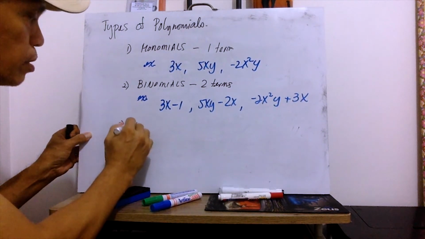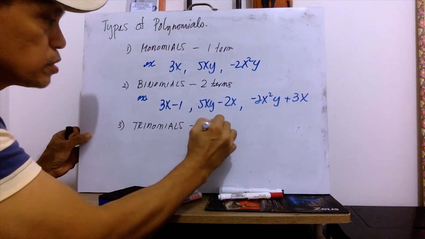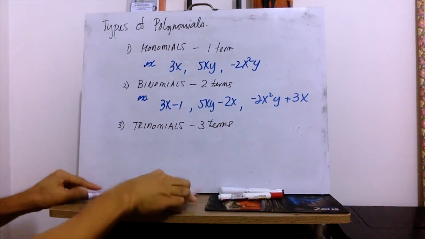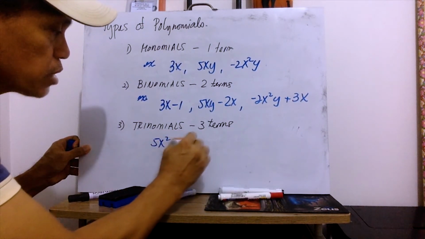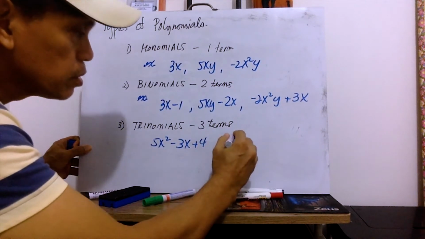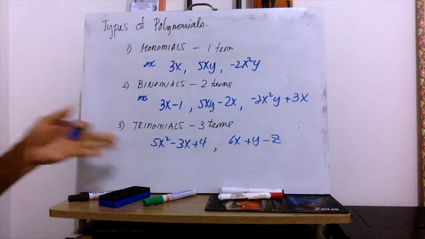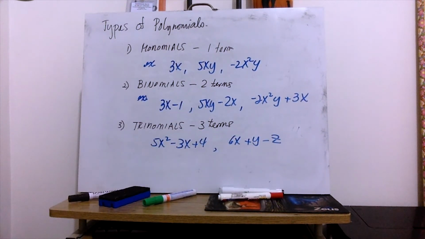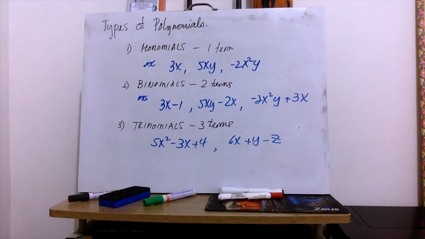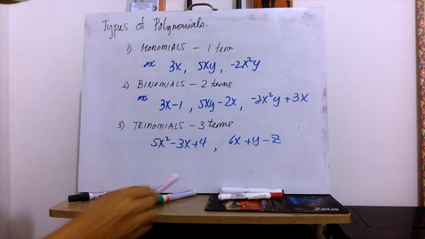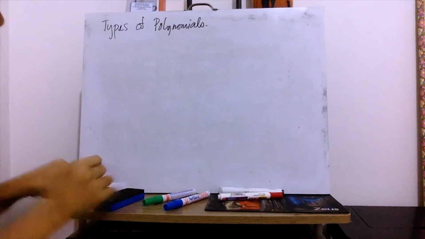Number 3, trinomial. Three terms. So if I have, let's say, 5x squared minus 3x plus 4, or 6x plus y minus z, those are examples of trinomials. Again, you have three terms here separated by a plus or a minus. It becomes a trinomial. The last type is what we call the multinomial.